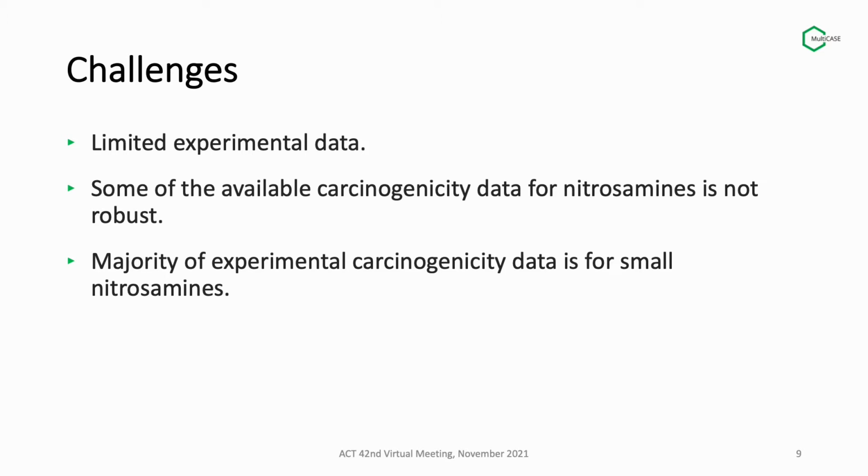So these nitrosamines may not be representative enough for the kind of nitrosamines that are present in drug impurities that we have already seen or we are going to see in the future. And if we use this data for small nitrosamines to build QSARs or other types of computational approaches, they may not be predictive enough for the complex nitrosamines. Also, not all the available carcinogenicity data is robust enough to build computational approaches.